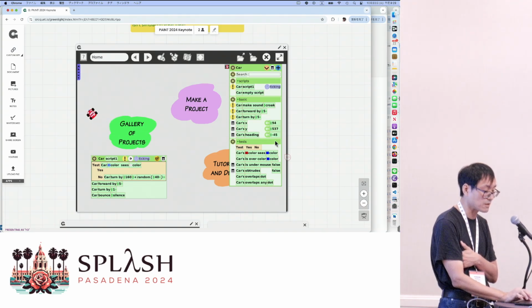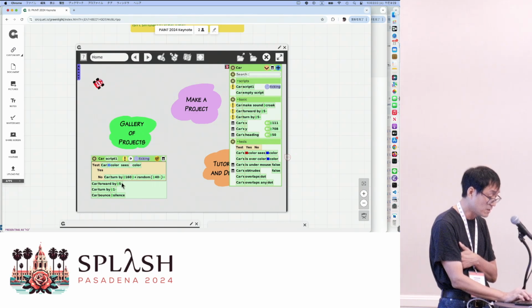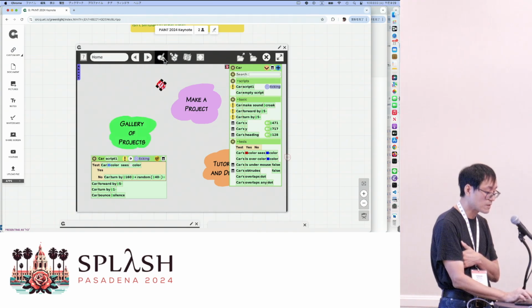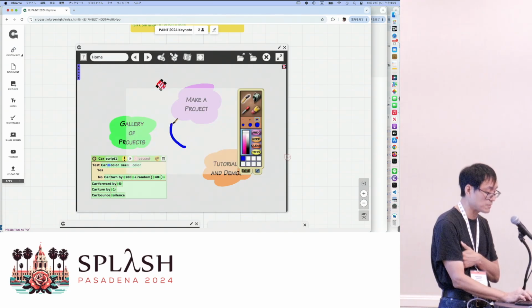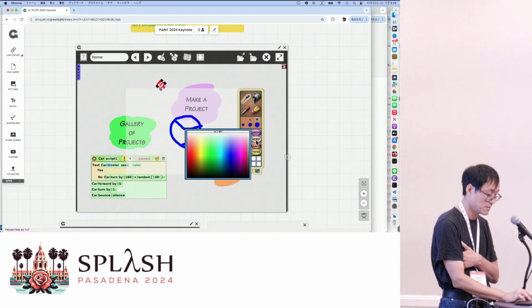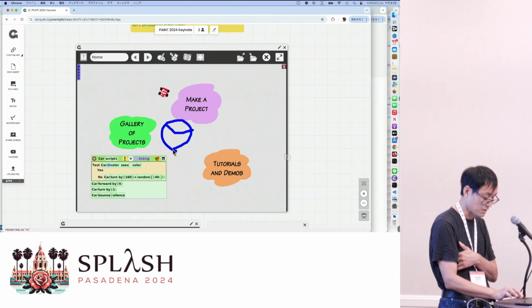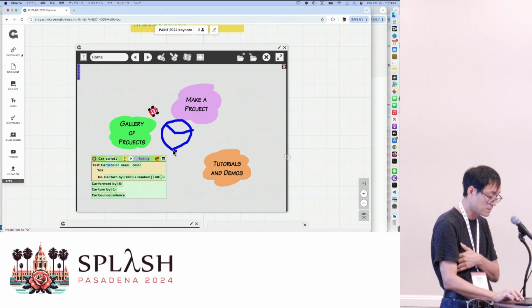So X, Y, and heading are changing. And one thing we used to do is to draw another object, maybe like a steering wheel of Mazda's car, and say keep. So this is the same kind of object, and I can look inside.